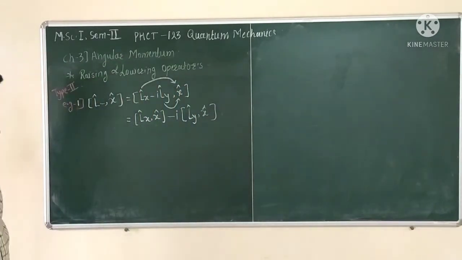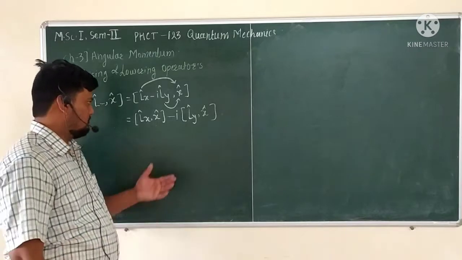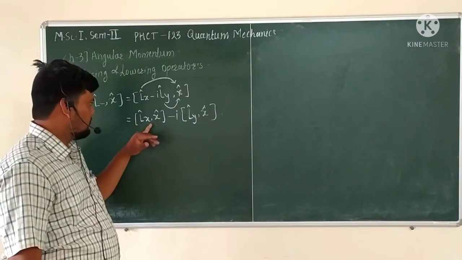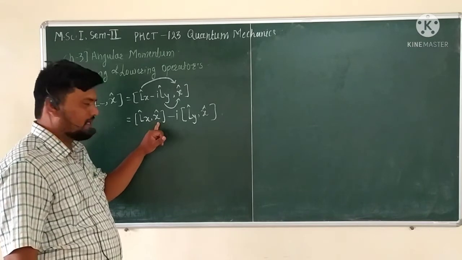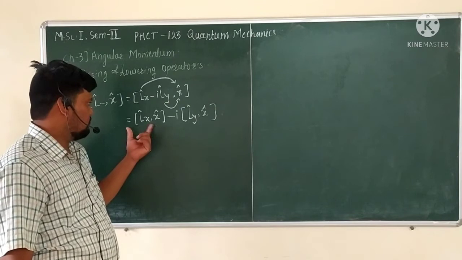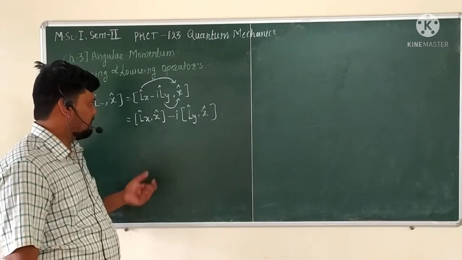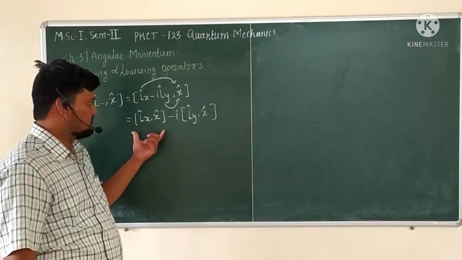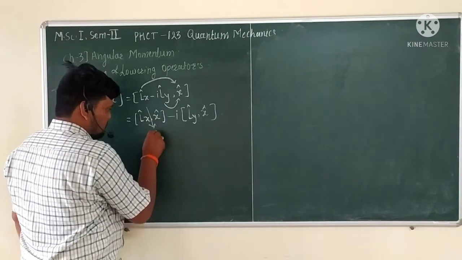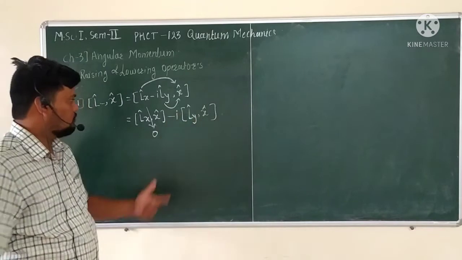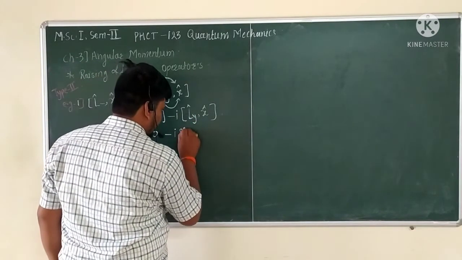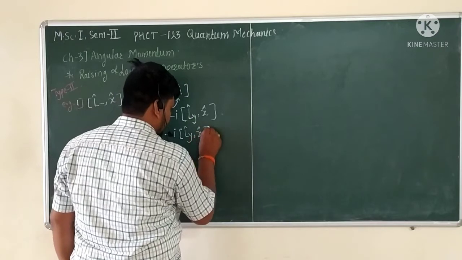In the last lecture we saw how this commutator bracket is solved, and you know that Lx cap comma x cap, the commutator of this angular momentum component with the x cap operator, is 0. So that bracket is 0, and we are left with minus I into the bracket Ly cap comma x cap.